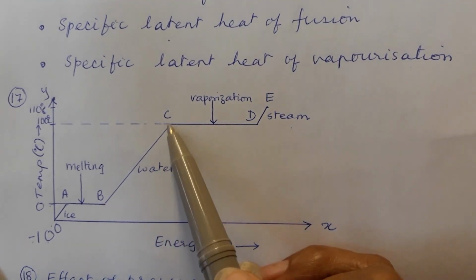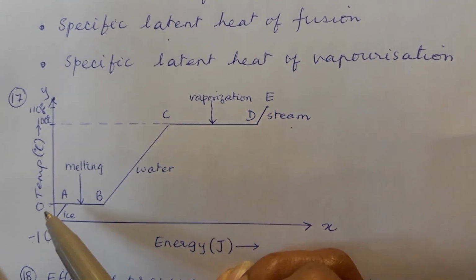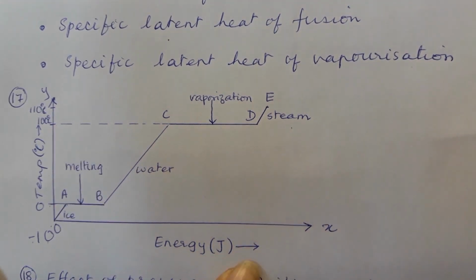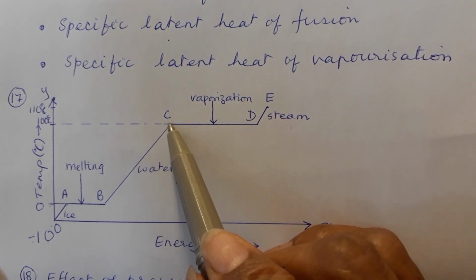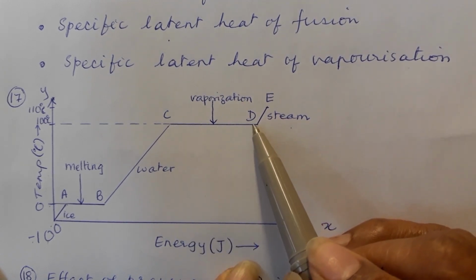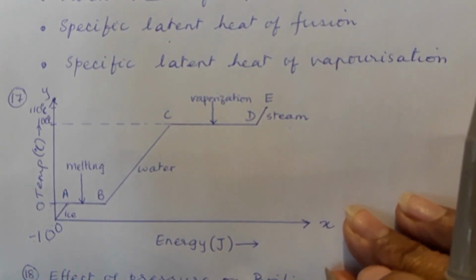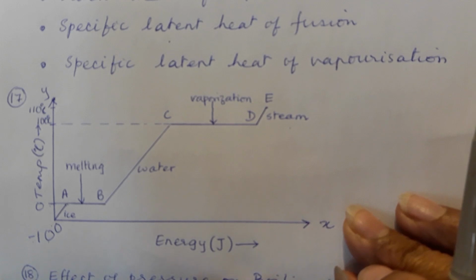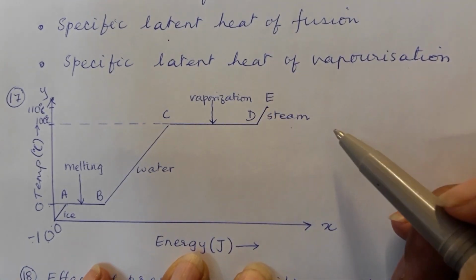This is from B to C, it is showing water. This is rise in temperature till the water becomes from 0 degrees C to 100 degrees C. Then C to D, you will see that here the vaporization begins and here vaporization ends. And so here the temperature is going to be constant, and the steam will be formed at point D. So D to E will be rise in temperature of the steam.